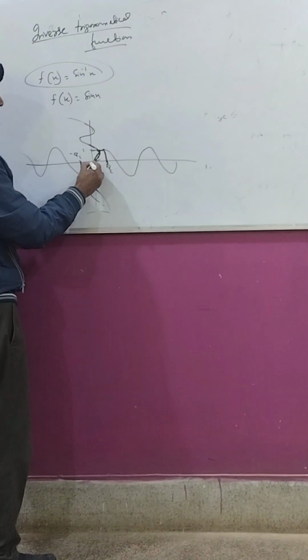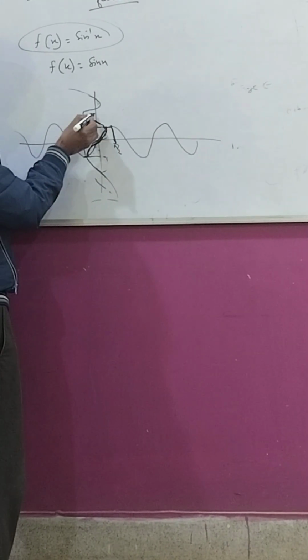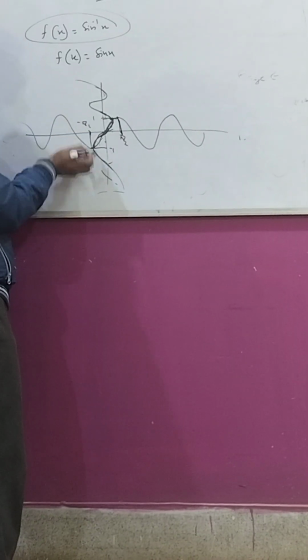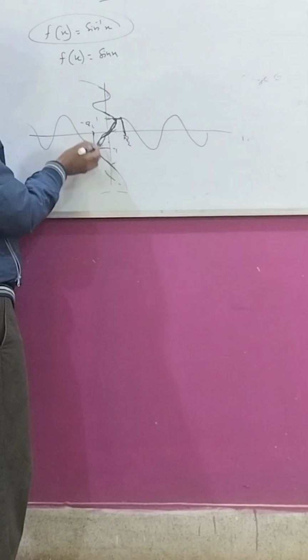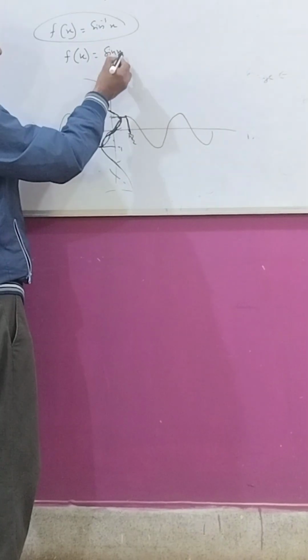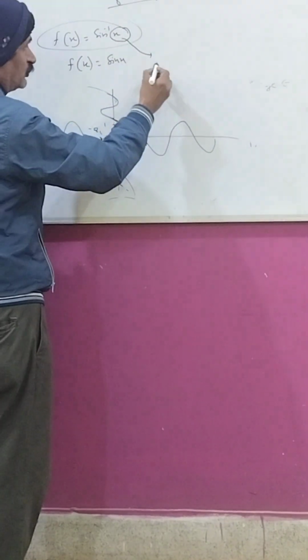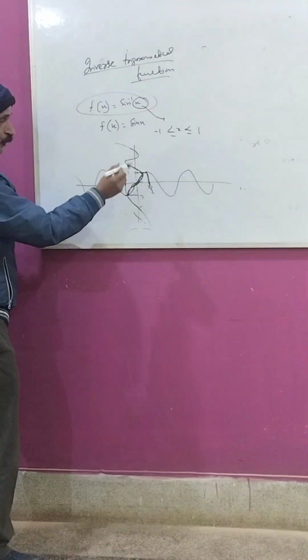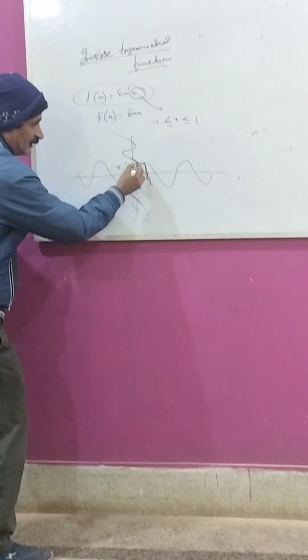Why? Beyond this, the function will be a many-one function. That is the reason the value of x in sin inverse x should be between minus 1 and 1. That is the reason. We will take this segment only, this portion.